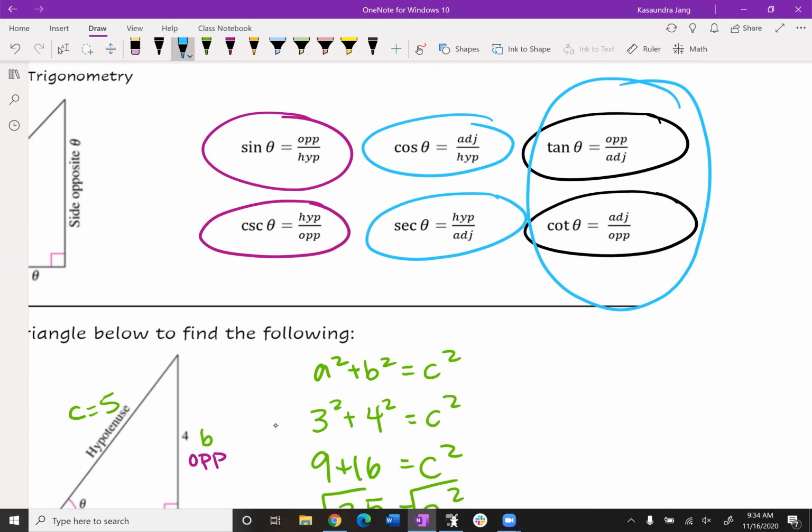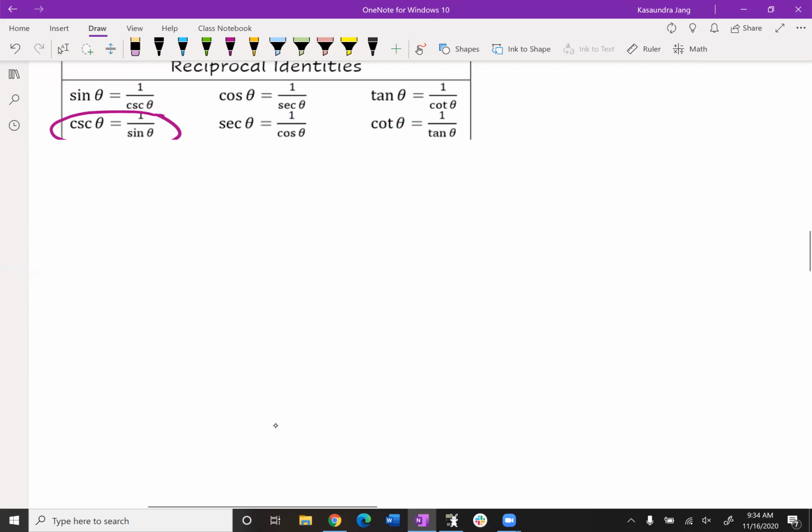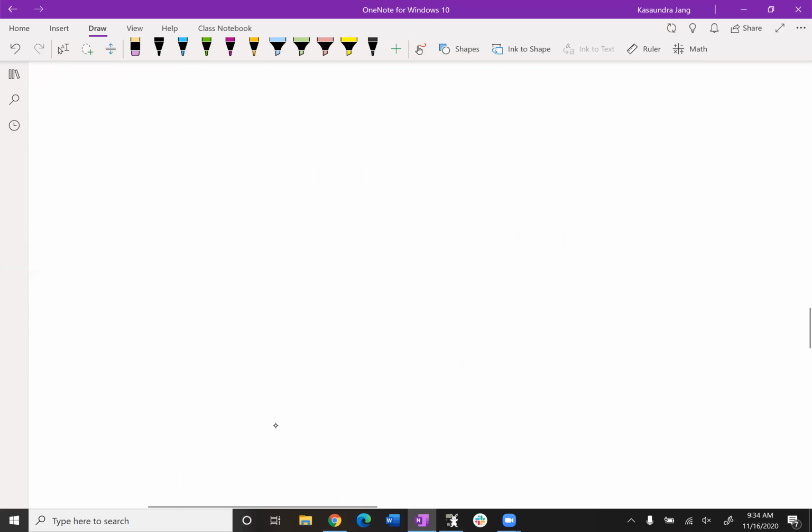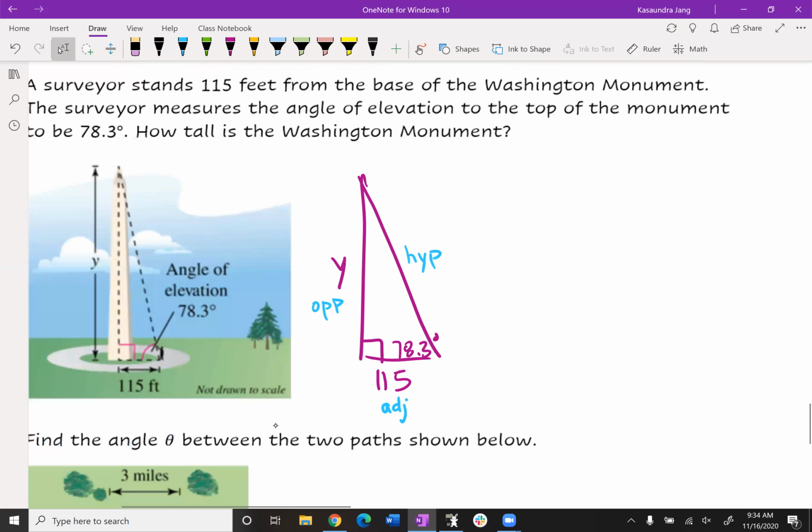I think I'm going to put my opposite in the numerator because that makes it easier to solve for. So I'm going to go tangent. Tangent is opposite over adjacent. So the tangent of this angle, 78.3 degrees, is the opposite y over the adjacent 115.